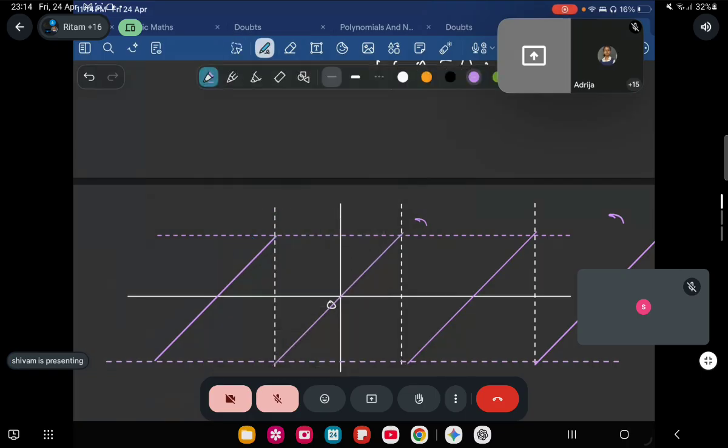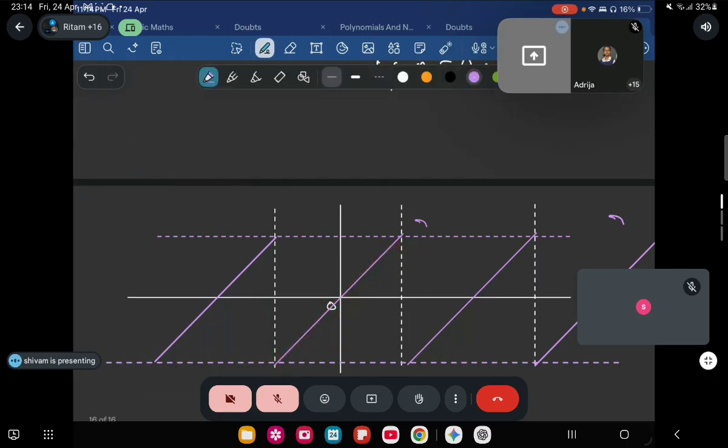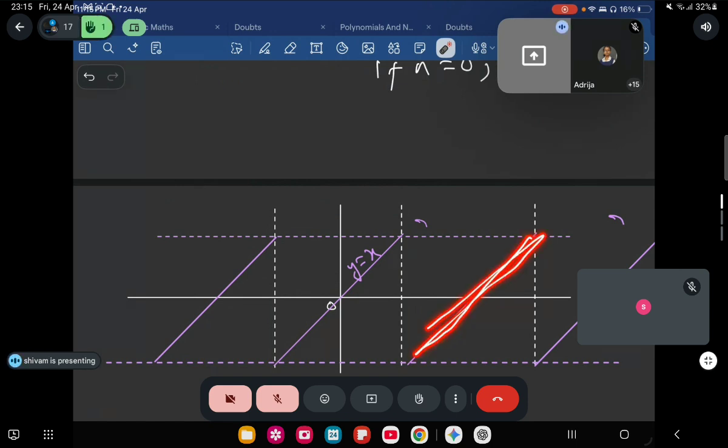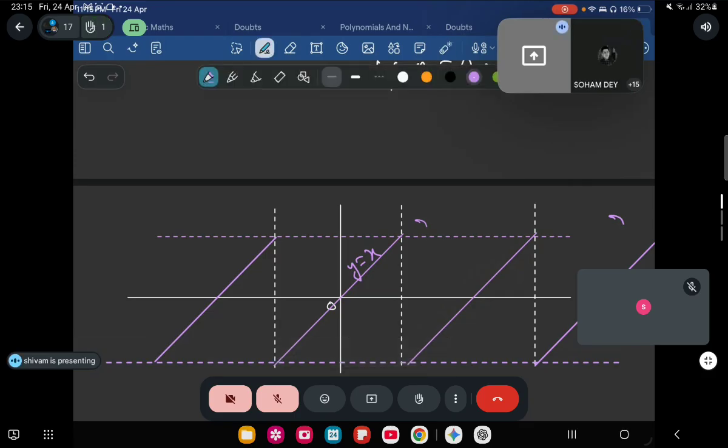So one by one, start telling me the equation of the branches. The equation of this branch is y equal to x. Right, tell me everyone. Can someone tell me what is the equation of the next branch? Raise your hand. Yes, Soham, tell me. Pi plus x.